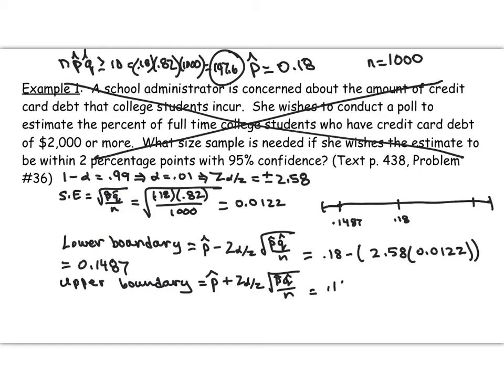So it's going to be 0.18 plus 2.58 times 0.0122. And calculating that, I get 0.2113. So that is my upper boundary.